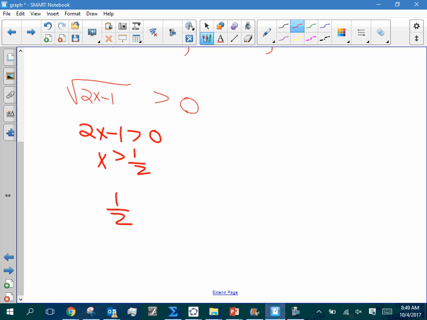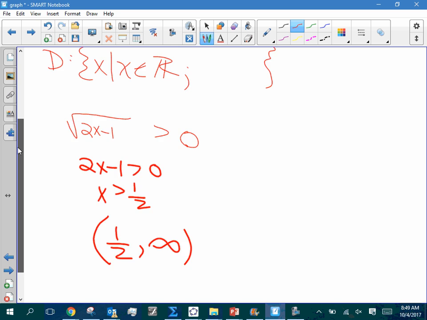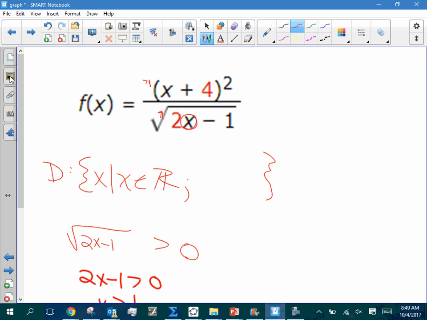And then if it's greater than 1/2, that's where we start. We get to infinity, and now the issue is that needs to be a parenthesis. So why don't you start with x plus 4 squared in the numerator? You can FOIL that out if you want to, so you get x squared plus 8x plus 16, right? There's nothing wrong with doing that, but that becomes a polynomial.